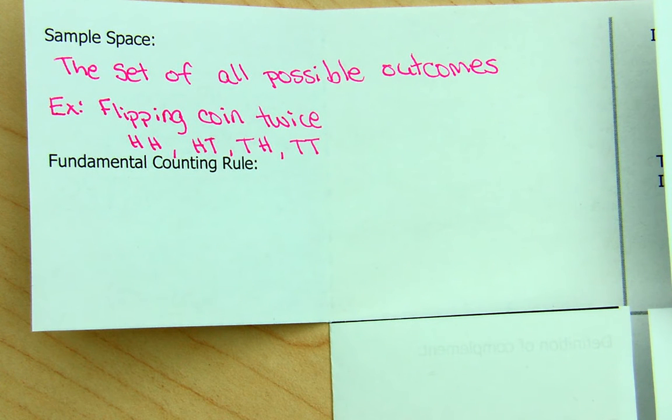For fundamental counting rules, this is where you're given options and you want to know how many different combinations you have. So this is something where a lot of times whenever you go to restaurants or fast food places, they advertise, we have this many combinations of drinks or this many combinations or whatever. This is what they're using. It's all the different options you have available for each choice you can make.